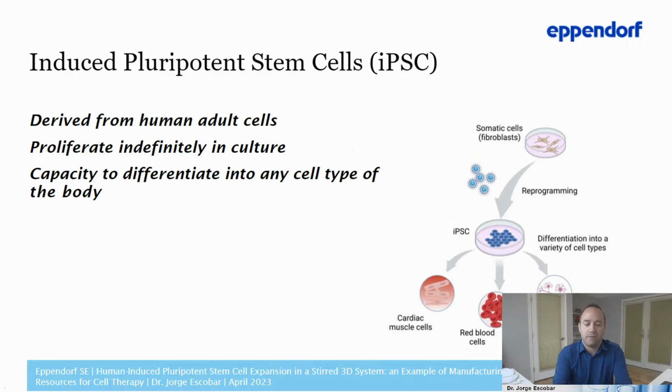In this sense, induced pluripotent stem cells, everybody knows them as iPSCs, are derived from somatic cells that have been reprogrammed back into the embryonic-like pluripotent state, which allows the development of any human cell type needed for therapeutic purposes.